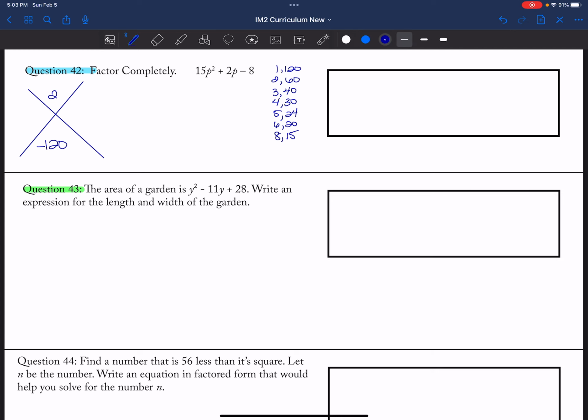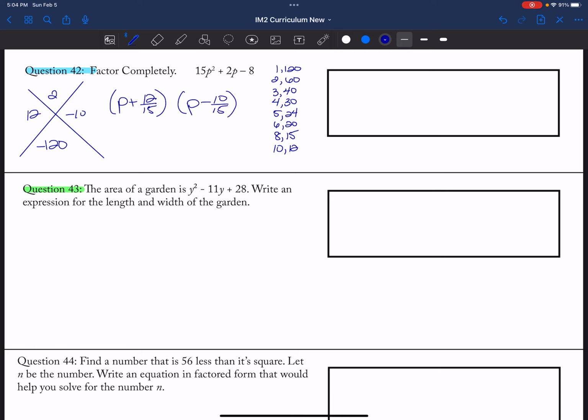10 and 12. So this will be a 12 and negative 10 situation. So then this is p minus 12 over 15, and then a p, no, sorry, that's a plus 12. A minus 10 over 15.